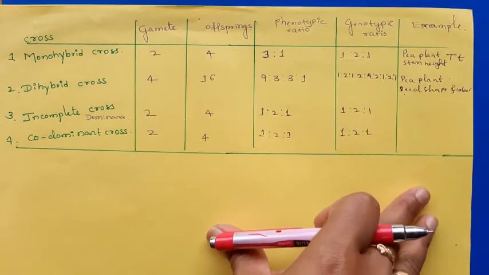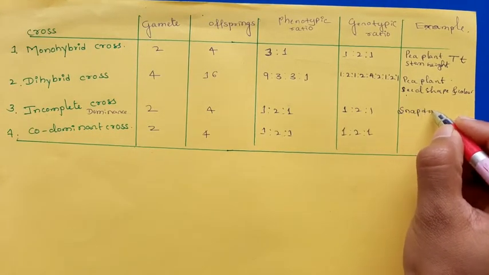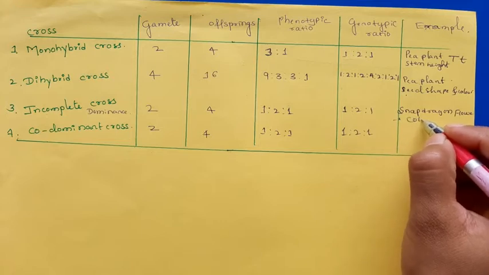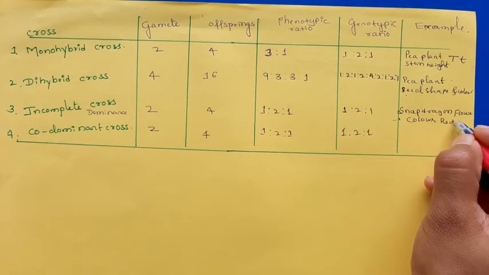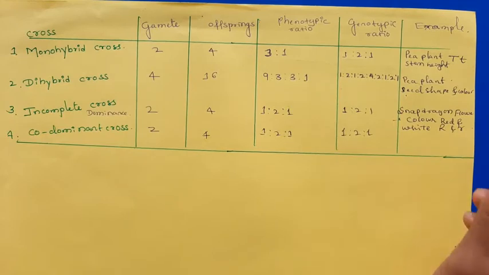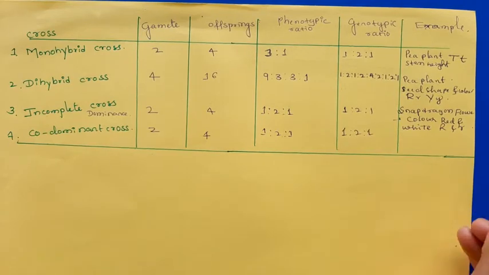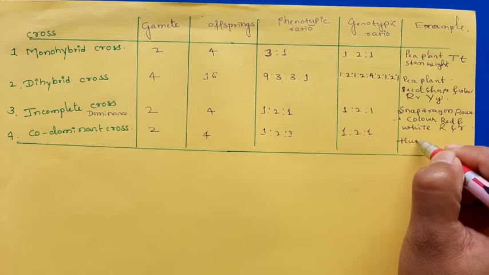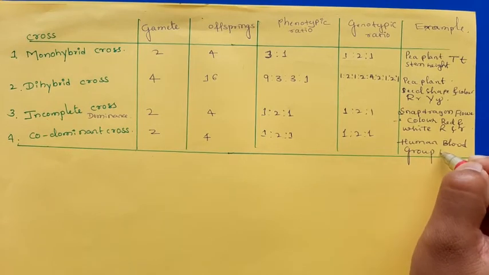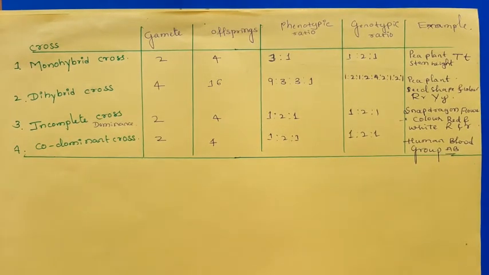For incomplete dominance, we discussed the example of snapdragon flower color, red and white, R and R, here R, Y, Y. Then for codominance we discussed the human blood group, AB blood.